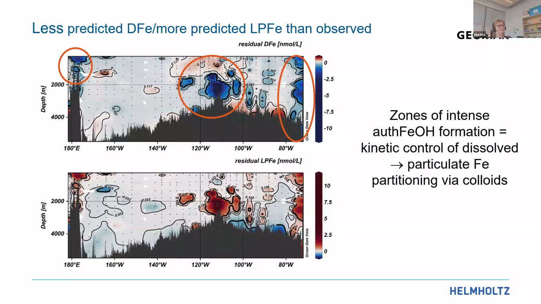Because this formation process is quite slow, you have a bit of time before the system reaches equilibrium, because of course our calculations are made for equilibrium conditions. So these areas are supersaturated with respect to authigenic iron minerals, and you have kinetic control of dissolved to particulate iron partitioning via colloids.